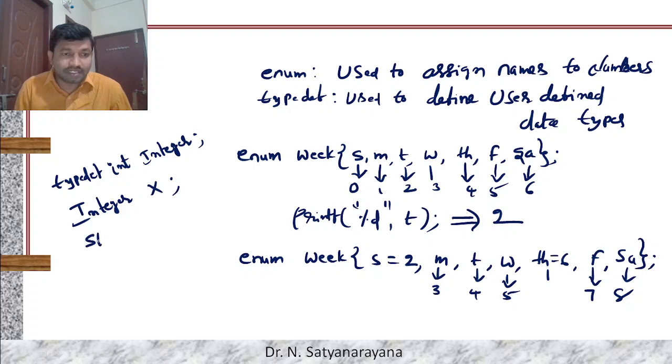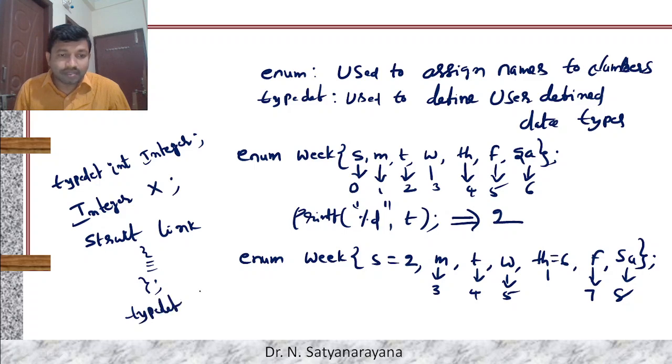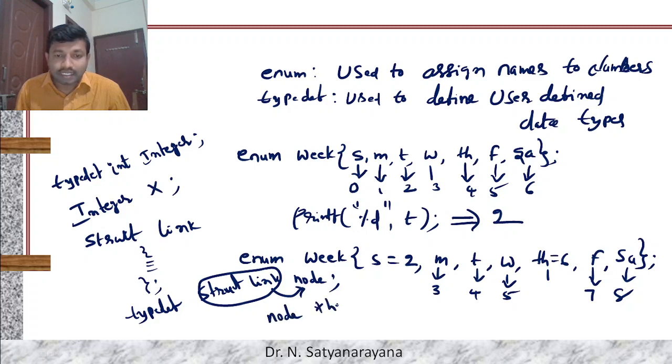For example, if I define a struct, say struct link, you do something. Later on you want to assign a new name to this struct link, then you can go with typedef struct link, say node. This struct link is actually a user defined data type given the alias name node. Later on you can use node star add. This will be the pointer to the linked list. This concept we will explore when I talk about structures.